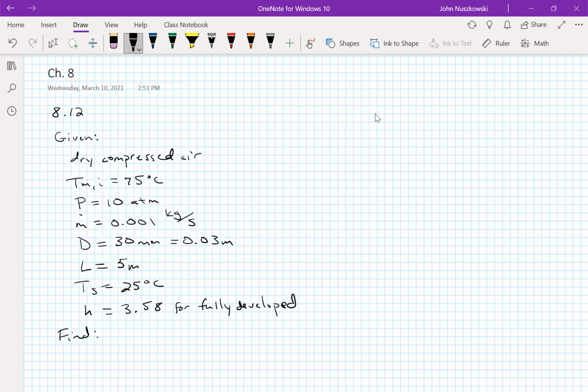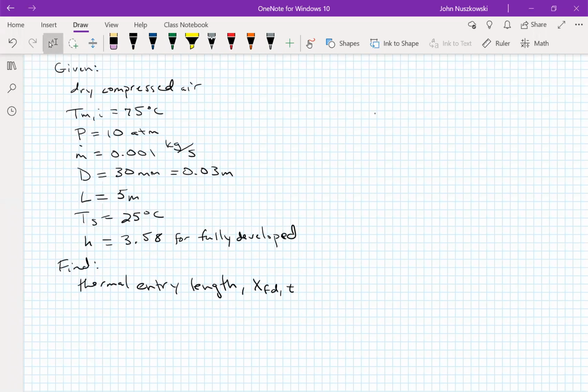They want us to find the thermal entry length. The mean temperature of the air at the tube outlet, so the mean air temperature at outlet.